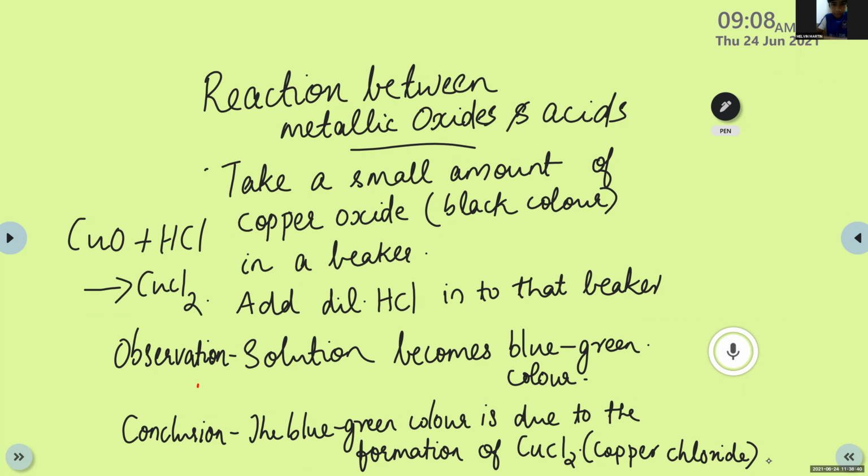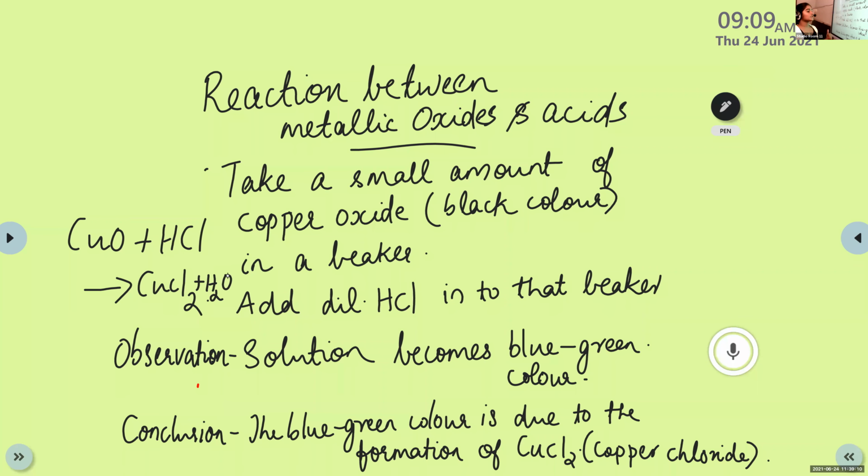It's an example for a... What were the products in the previous reaction? Yeah, very good. It's an example for a salt. So along with the salt, water is also produced here. Along with the CuCl2, H2O is also produced in this reaction.